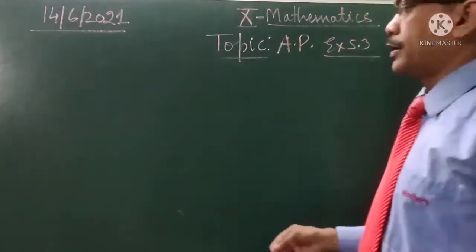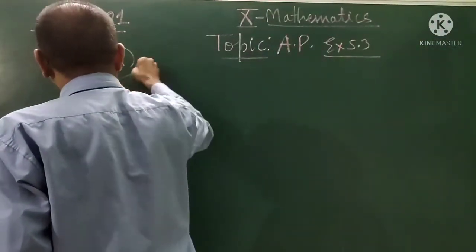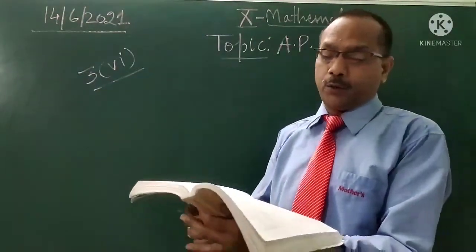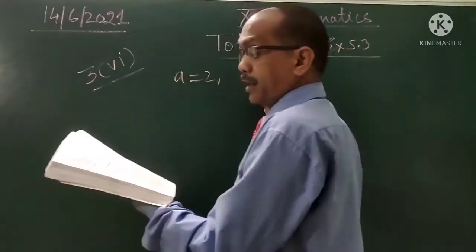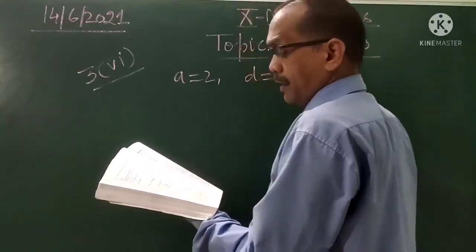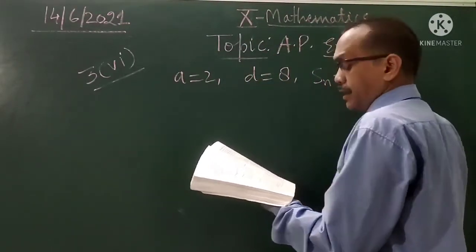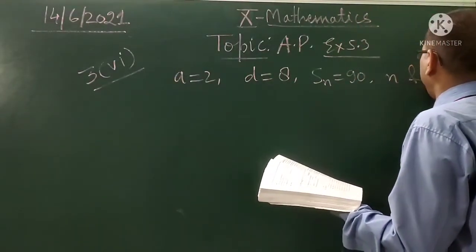Student, now question number 3, 6th part. Here A equal to 2, D equal to 8, Sn equal to 90, find n and An.